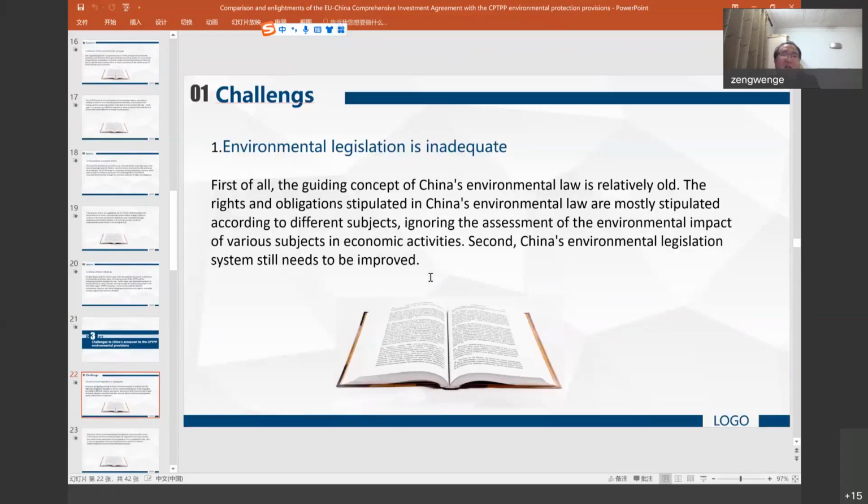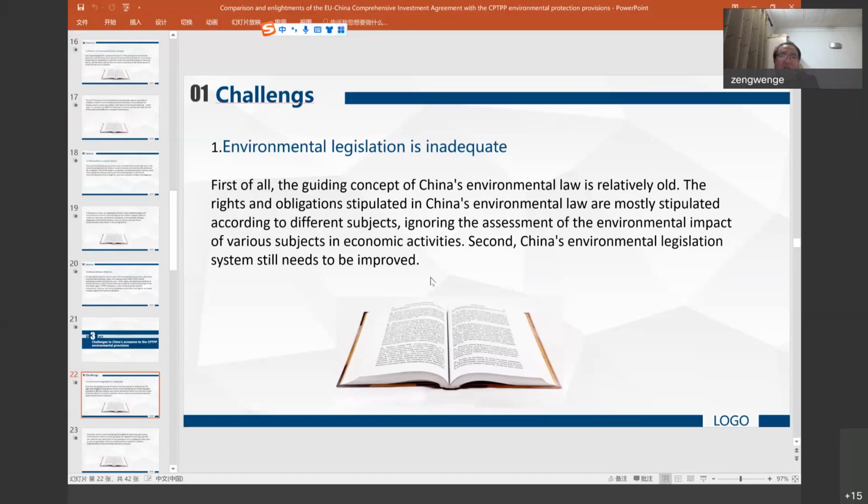The first one is that environmental legislation is inadequate. You know, in China, we have had environmental law legislation for a very long time. Meanwhile, we have been ignoring the assessment of the environmental impact of the various subjects in economic activities.